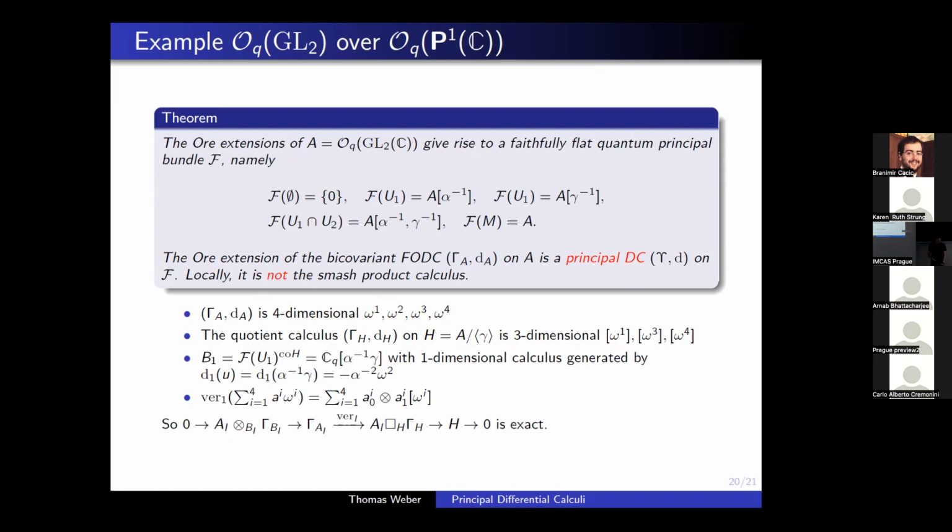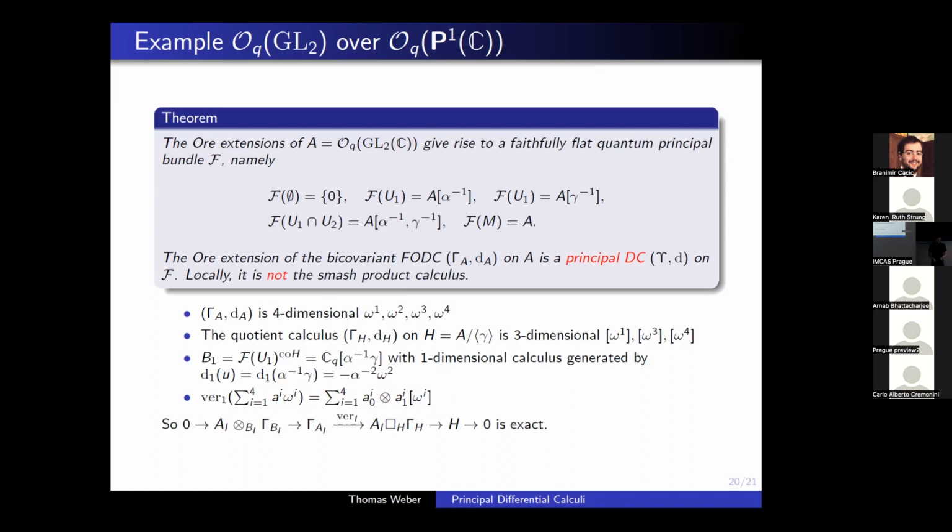On the base, so on the invariants, you will see you're getting a 1D calculus generated by just one form that you can calculate. So this d of this element u is basically the span of omega 2. And this is good because omega 2 was the form that was vanishing.